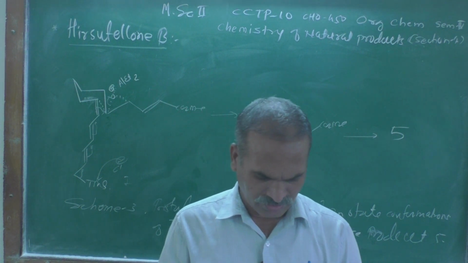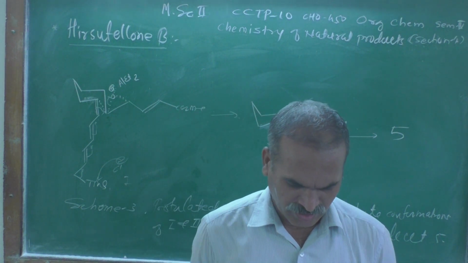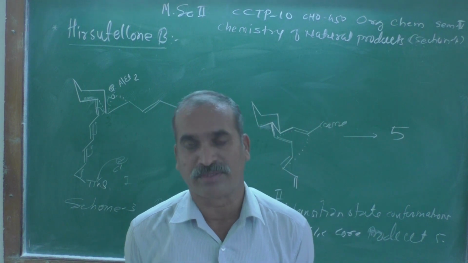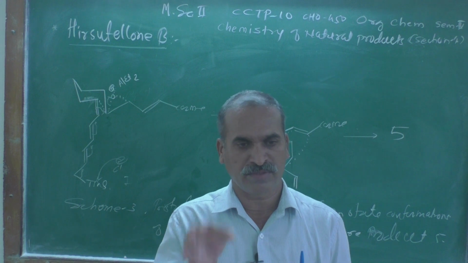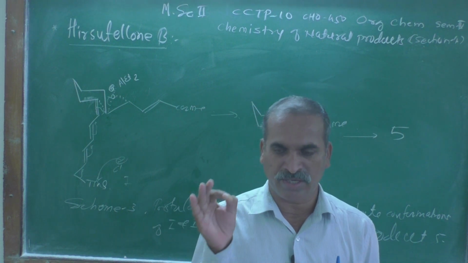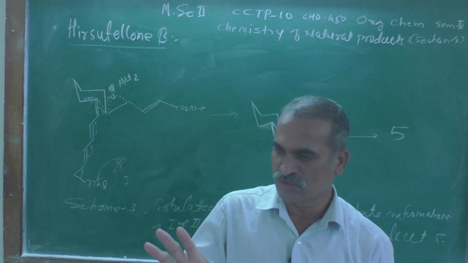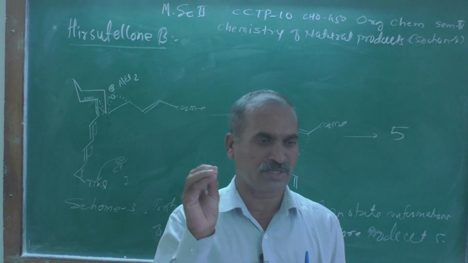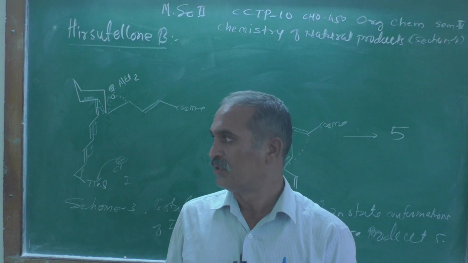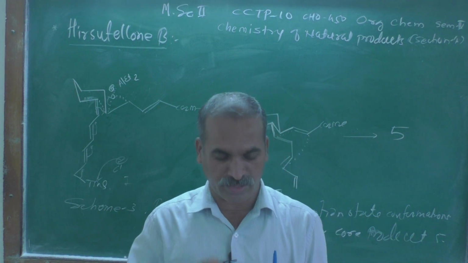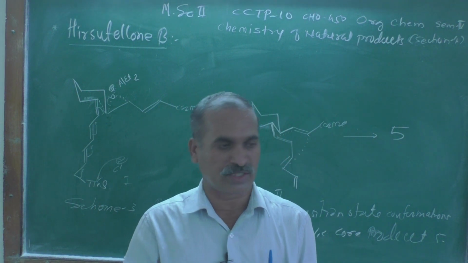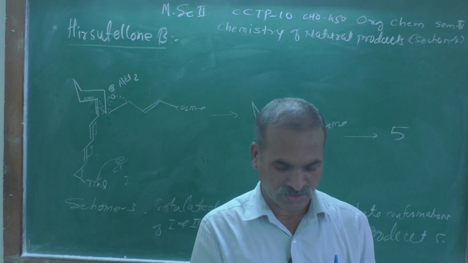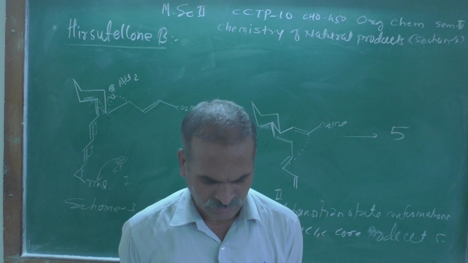The structure of 5 was determined by NMR spectroscopic means. NMR means nuclear magnetic resonance. It gives stereochemical information regarding the environment around each proton, and from that the chemist comes to know the structure of the compound.